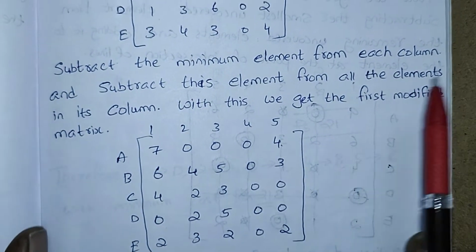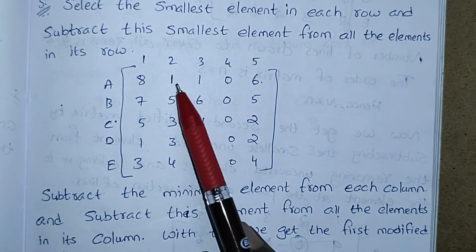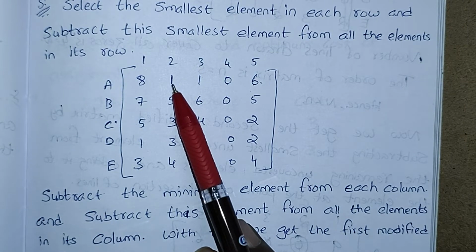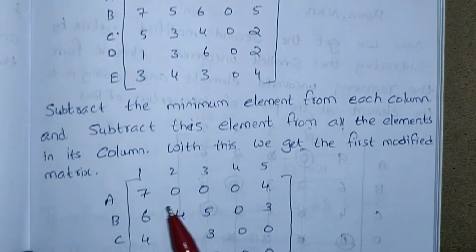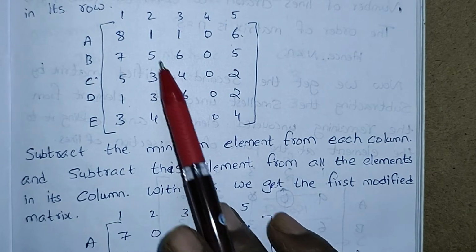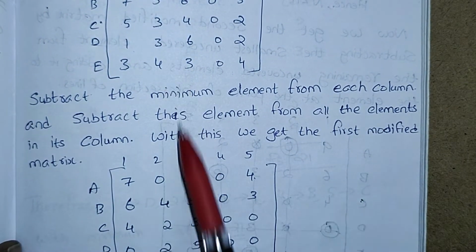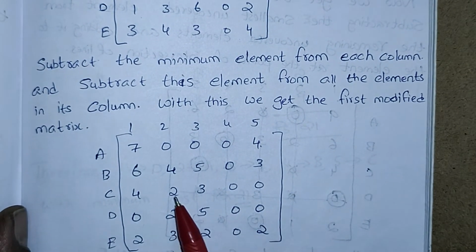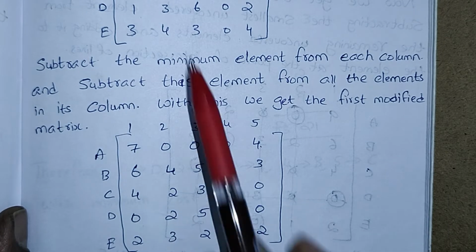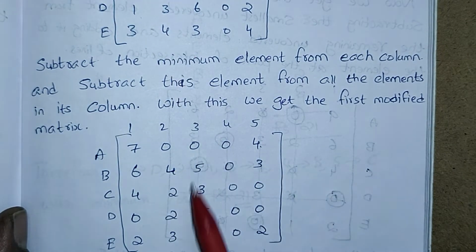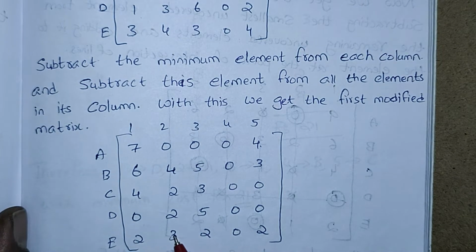Next column, 1 is the smallest, so 1 minus 1 is 0, 5 minus 1 is 4, 3 minus 1 is 2, 3 minus 1 is 2, and 4 minus 1 is 3.